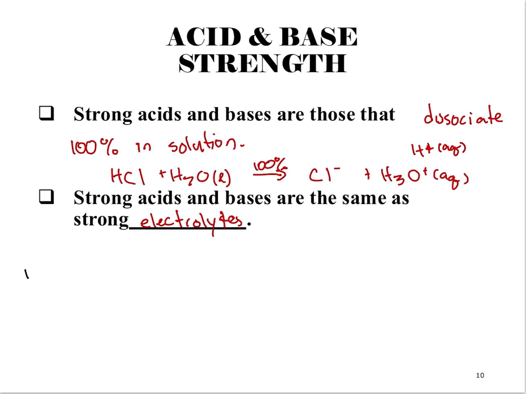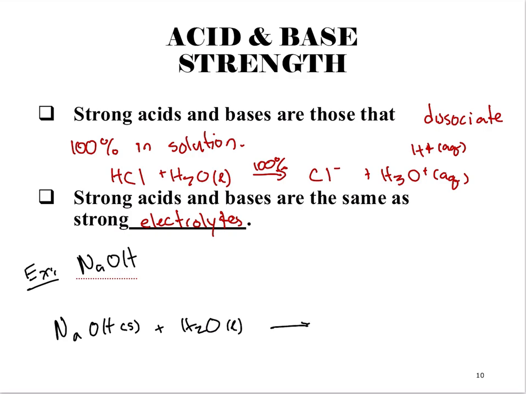For example, with sodium hydroxide, which earlier I said is a strong base. Usually, strong bases are going to be associated with a metal, because the hydroxide ion is a negatively charged ion. You have sodium hydroxide, and maybe it's solid. You dissolve that in water, and 100% will dissociate into Na plus and OH minus.